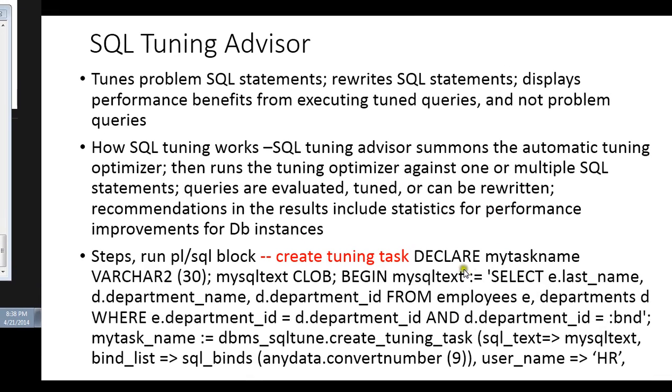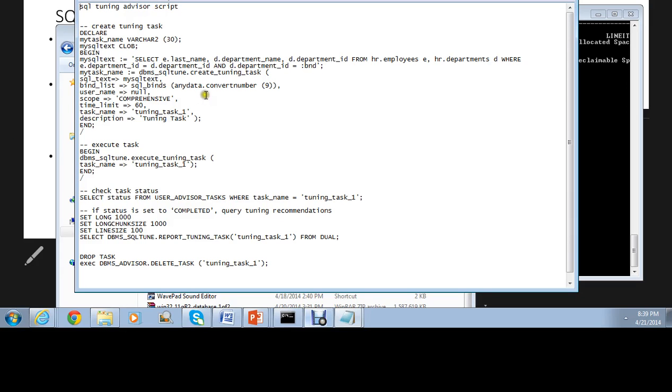It's going to be the name of my task, and I'm going to be calling the HR schema this time. Let me see if I can find it. Okay, I should have a modified version of this in my file.